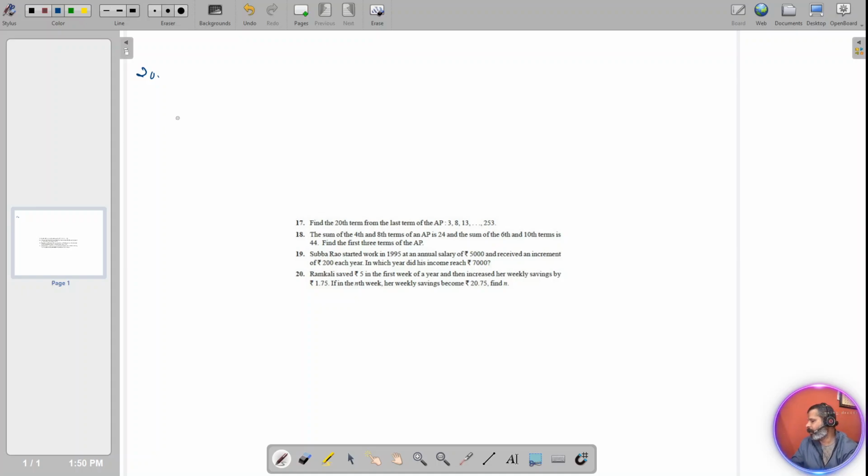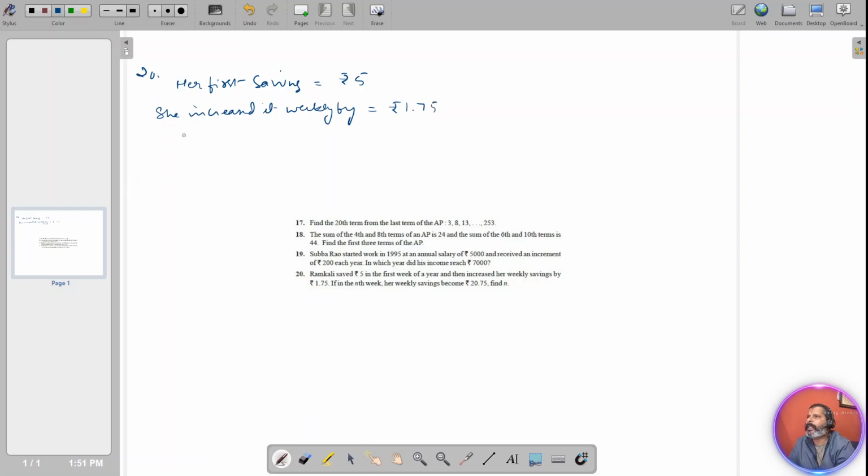Okay, we'll write what is given here. Our first saving is rupees 5. Then she increased her weekly savings by rupees 1.75.